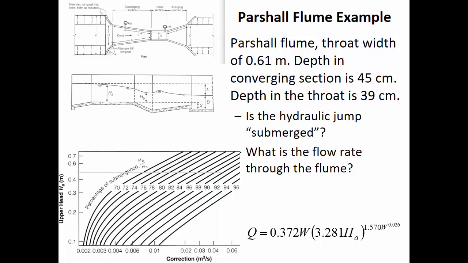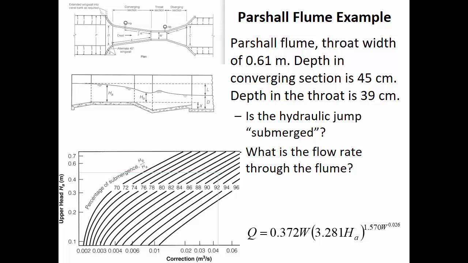And so the intersection with 87 and the upper head depth measurement, and then down to the horizontal axis.